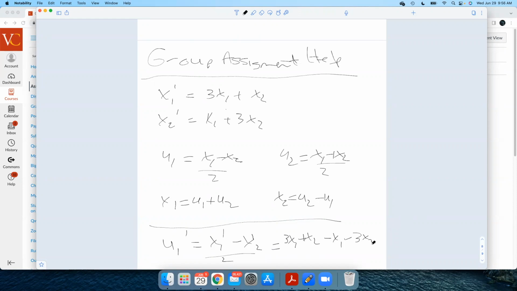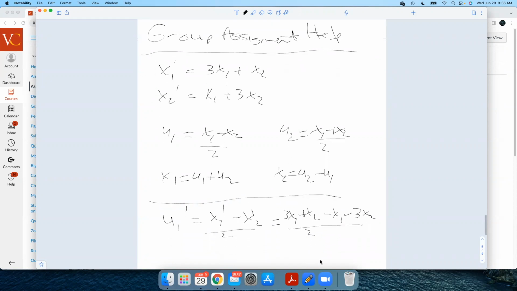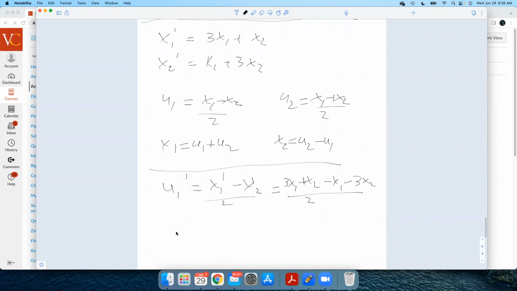And that's all over 2. So what do we get there? u1 prime equals, looks like I get 2x1 minus 2x2 over 2. That's x1 minus x2. But that's double this guy. That's going to be twice u1. So I'm halfway done.